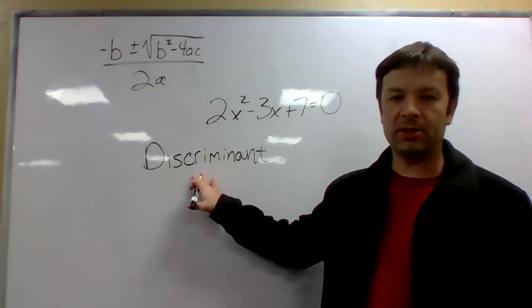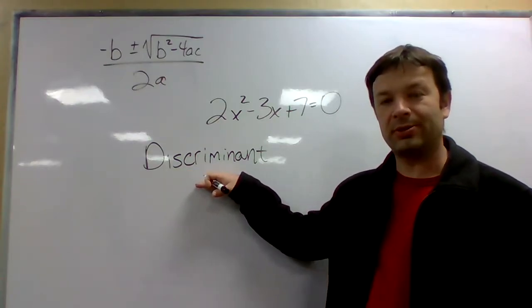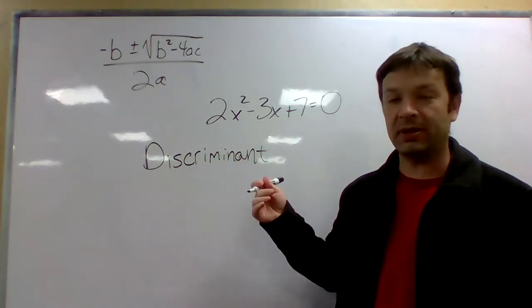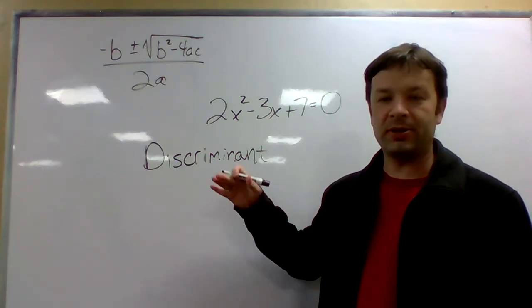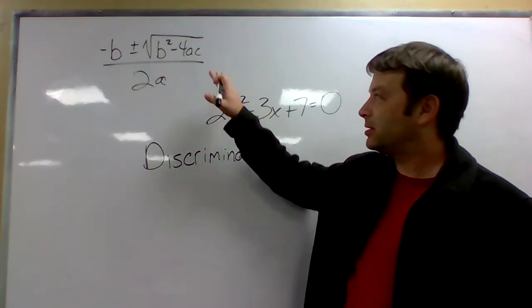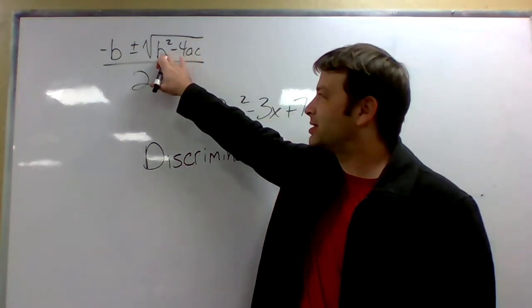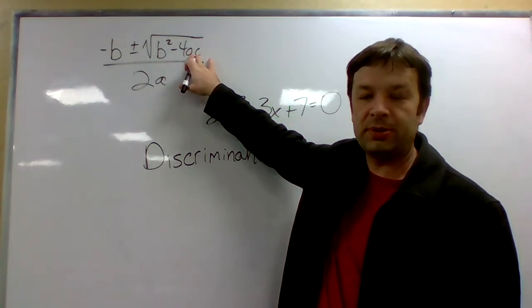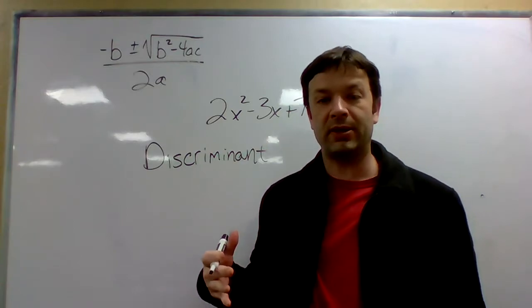Okay, the discriminant, you guys, the root word for this is discriminate, which means to tell the difference between, which is not necessarily an evil thing. So, discriminant is tell the difference between. In the quadratic formula, this thing under the square root kind of tells you what's going to happen to your final answer.